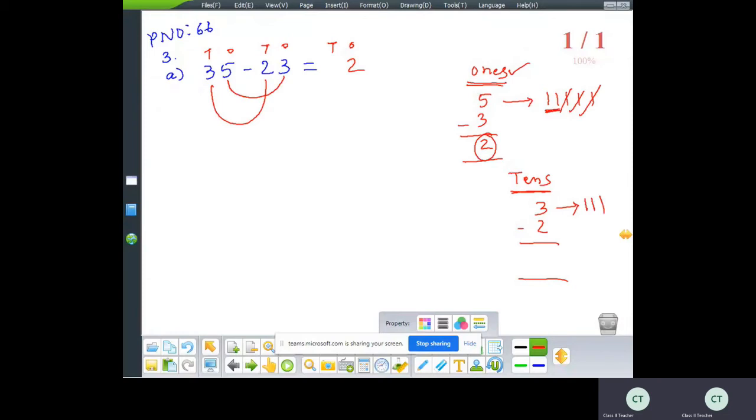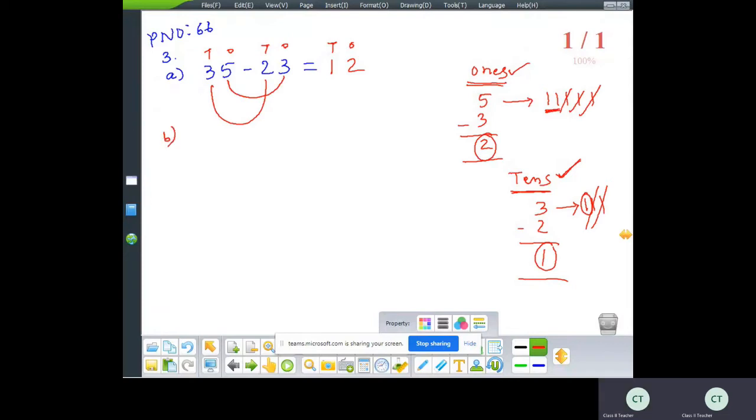From 3 lines, we remove only 2 lines, 1, 2. After removing 2 lines, there is only 1 line. 3 minus 2 is equal to 1. This answer 1 is written in the tens place. 35 minus 23 is equal to 12.